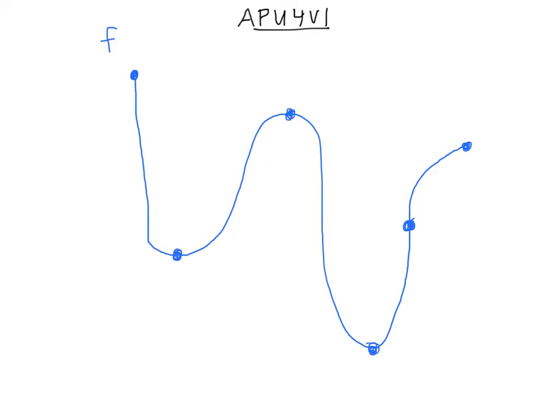Okay, so first let's focus in on the tangent line slopes. So if we work our way left to right, our tangent line slopes here, notice, are negative. Alright, so we have negative slopes. At this point right here, the graph reaches a low point.